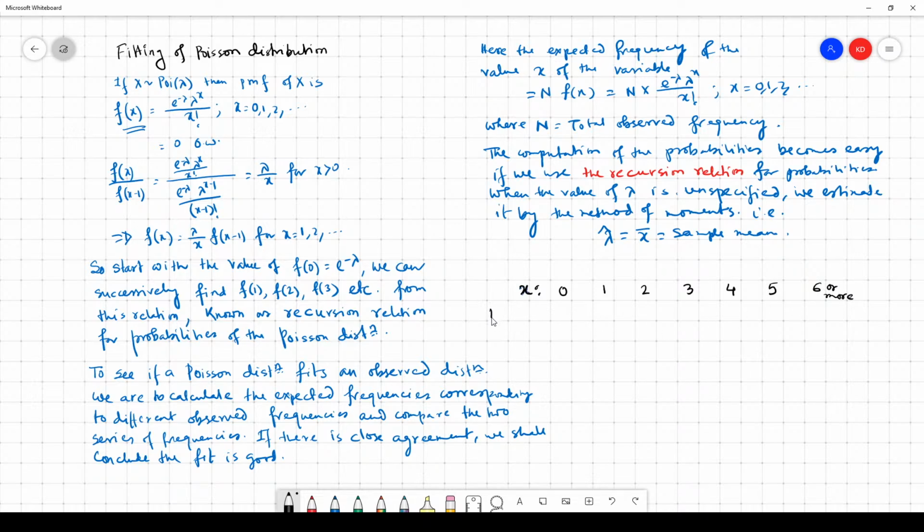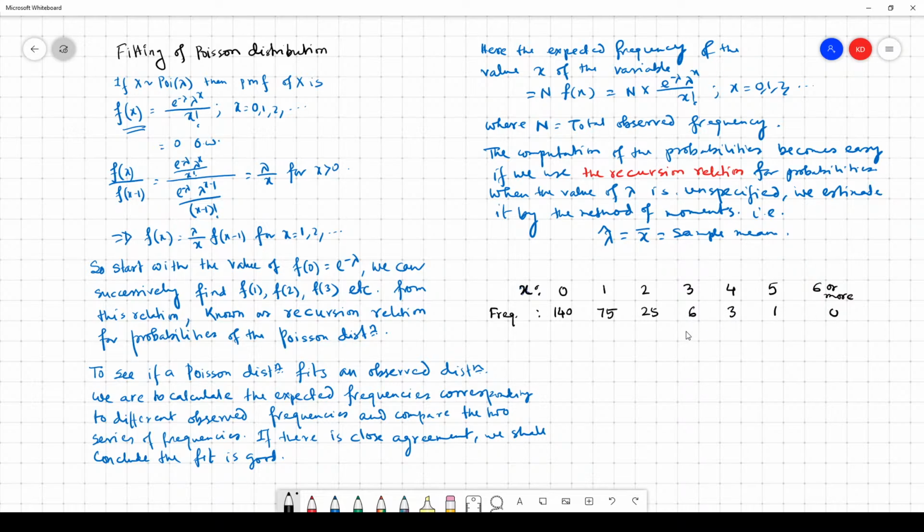The observed frequencies are 140, 75, 25, 6, 3, 1, 0.